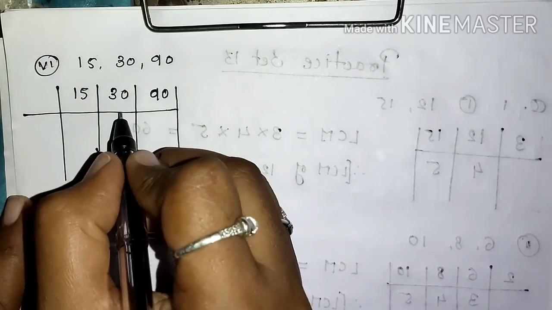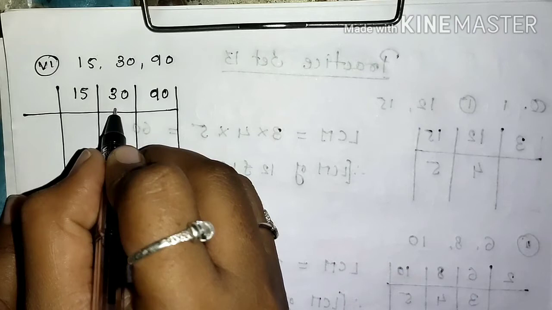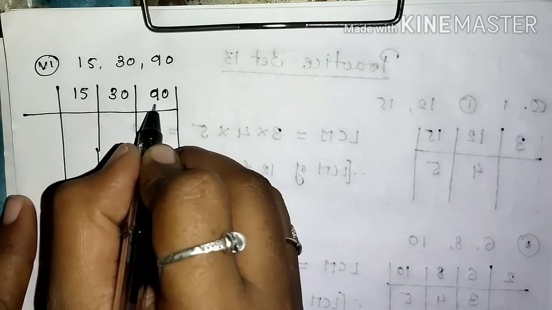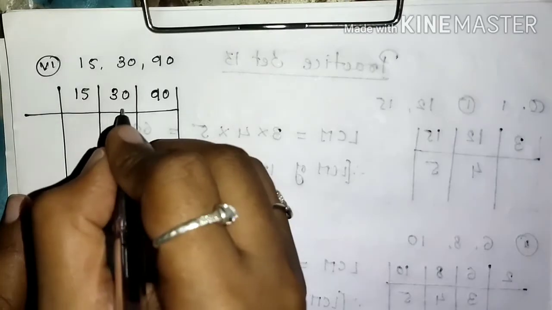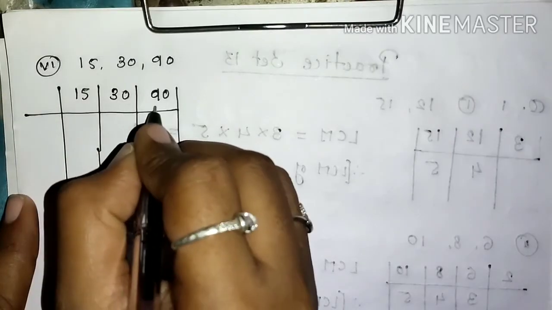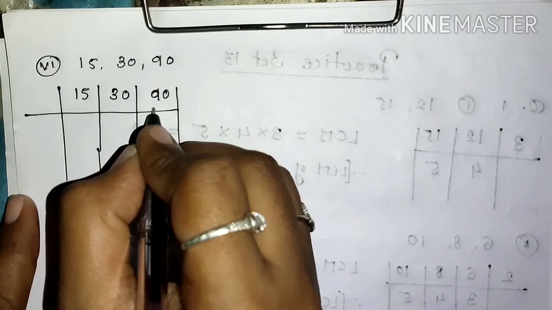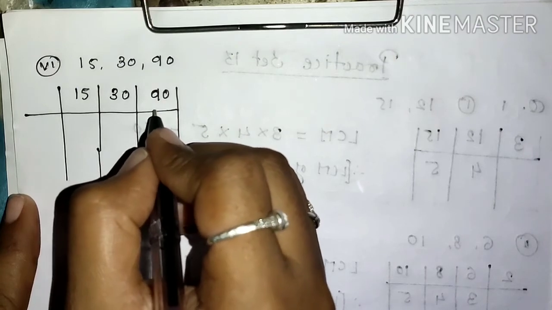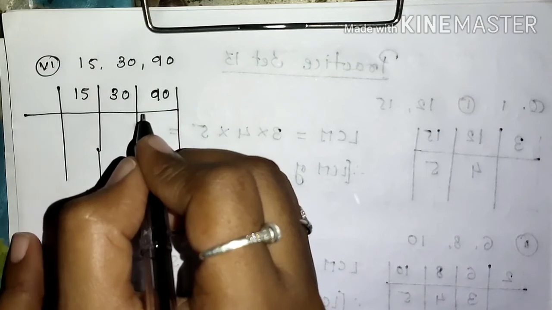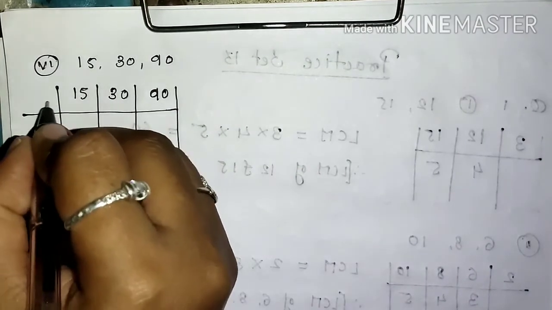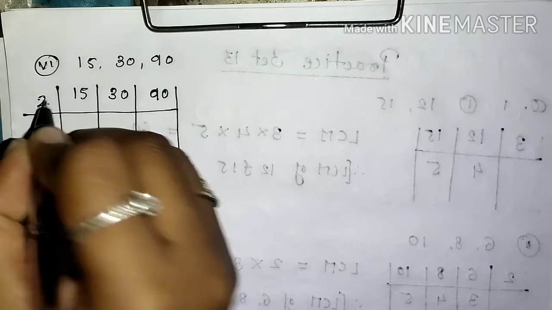So if I observe carefully, all three numbers can be divided by 5, but we cannot use 5. Why? Because here 30 and 90 both the numbers can be divided by 2. So according to the rules, at least two numbers are divided by the smallest prime number, that is 2. So here we have to write 2.